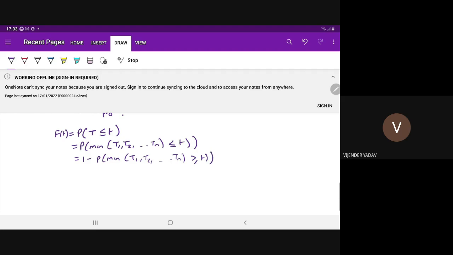If the minimum of T1, T2, ..., Tn is greater than t, then all the Ti's are greater than or equal to t. That implies T1 greater than or equal to t, T2 greater than or equal to t, and Tn greater than or equal to t.